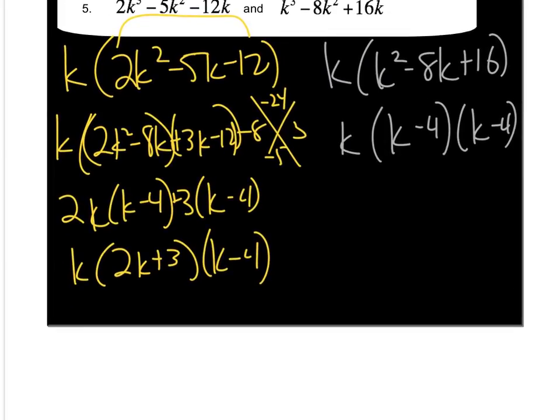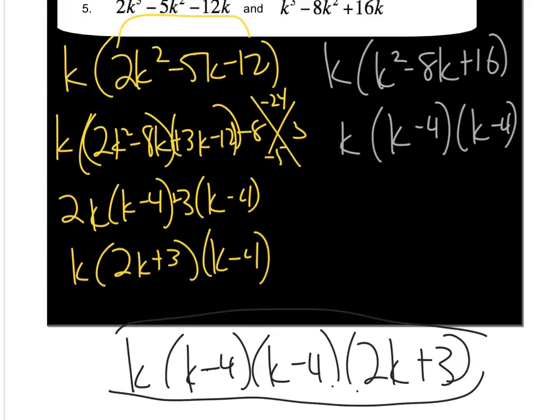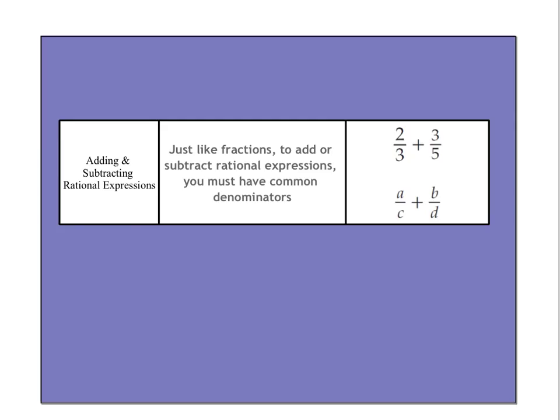So when I put this together to actually figure out my least common multiple, I'm going to have k, because k shows up once. I will have k minus 4 twice, and I will have 2k plus 3. That would be my least common multiple, right there. Notice, factoring everything first, completely, and then going from there.